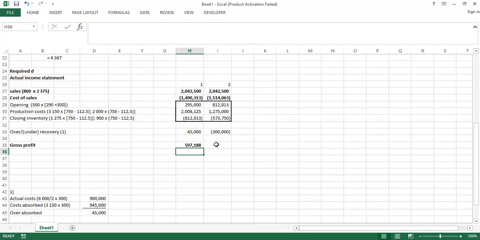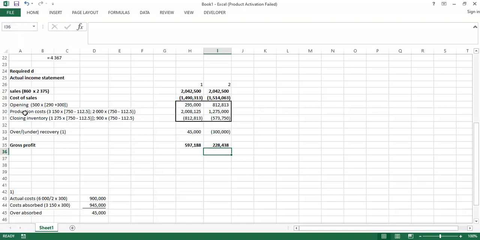And then on this one, it's gonna be sales again minus cost of production, and these ones were under by 300,000. So we end up having that there as our cost. So it is treated as a period cost, but it's not included in the product cost.